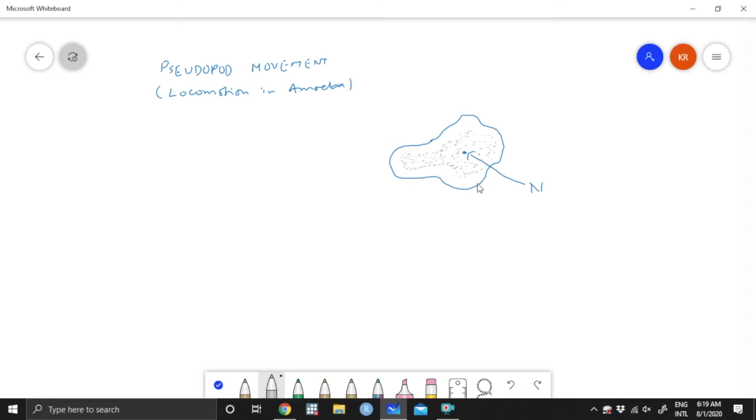So what I am trying to show is that its entire cytoplasm is made of, or can be recognized as, two parts. One is an internal part which we call as endoplasm, and here is an outer part which is called as ectoplasm.